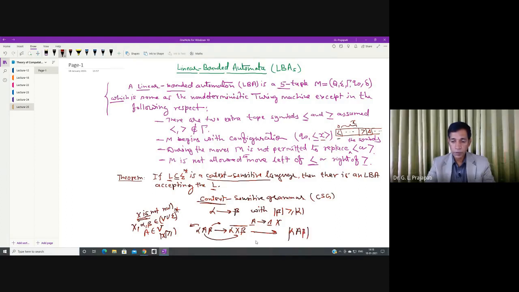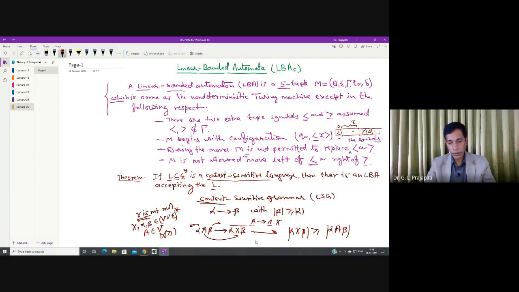This is so because X is not null. X can have only a single variable or a terminal symbol, then the length will be the same, or X can have length more than 1.